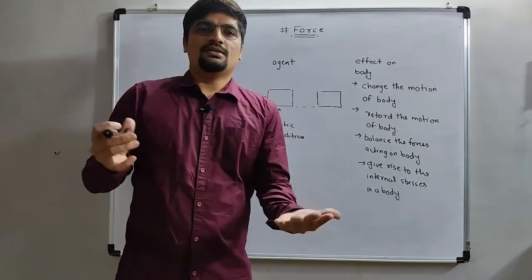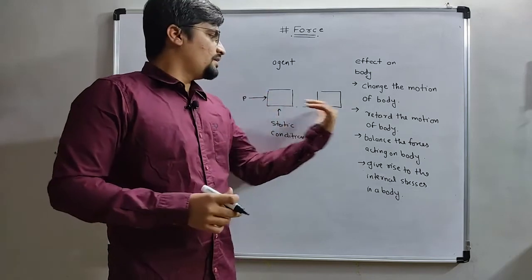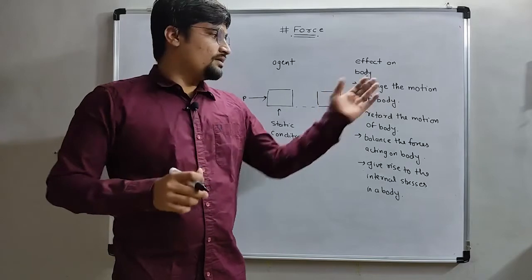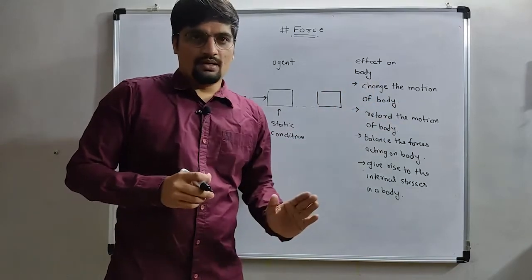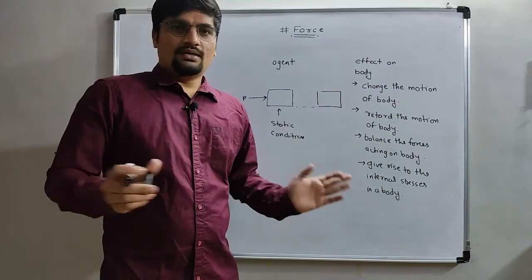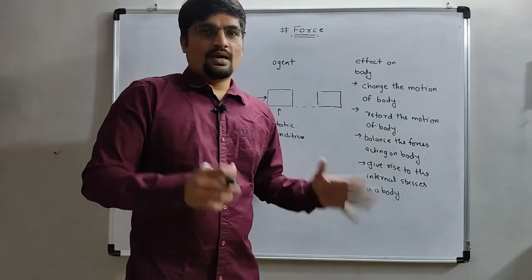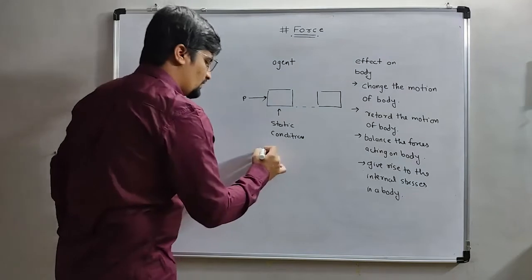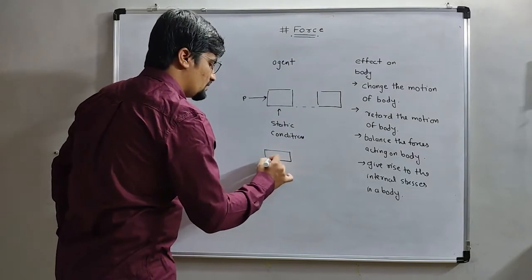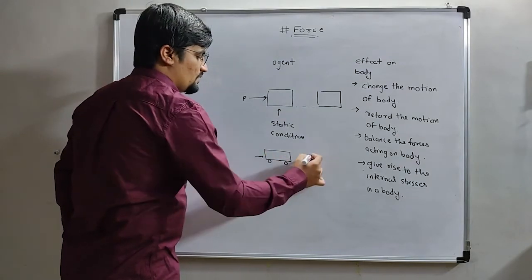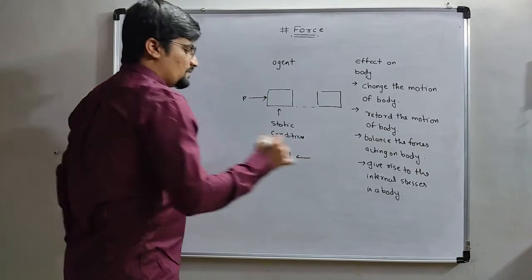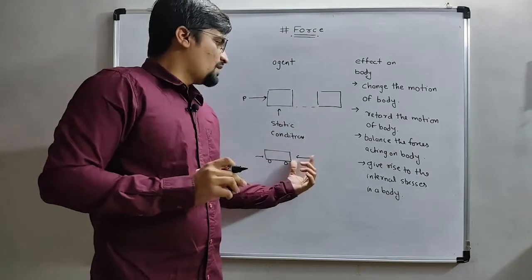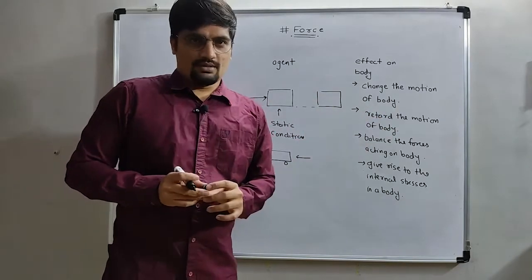If it is in static condition, after the force it will be in dynamic condition, or it retards the motion of the body. Suppose the body is in moving condition and we apply force from the opposite direction, like one vehicle is moving in this direction and we apply force from this side, so it retards the motion of the body.